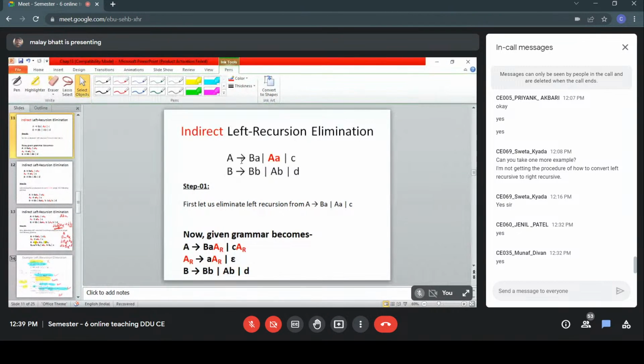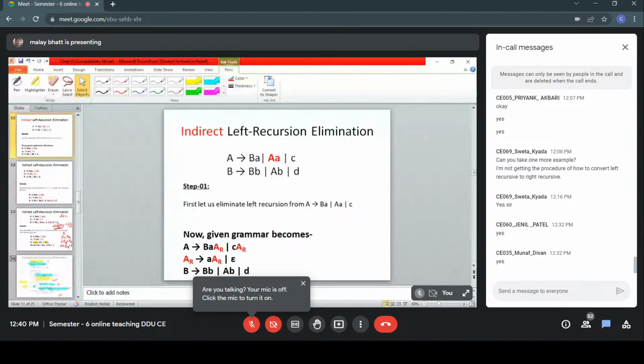The first, right? Because it is a first rule, no previous rule is there. As it is a first rule, there is no previous rule, so we are removing the immediate left recursion because it is the first rule. Keep in your mind, don't mix these two. Here we are applying immediate left recursion removal first because there is no previous rule.